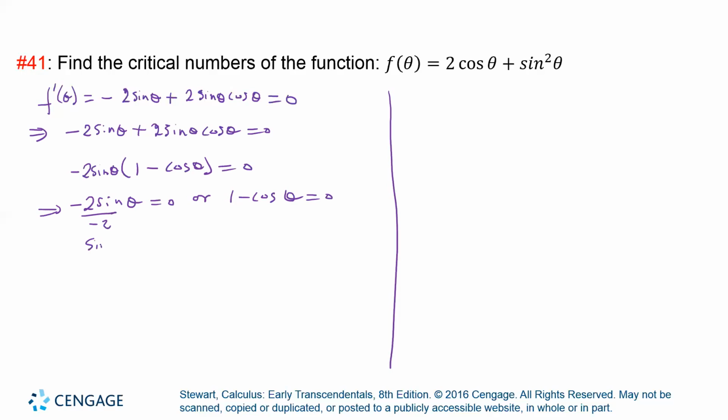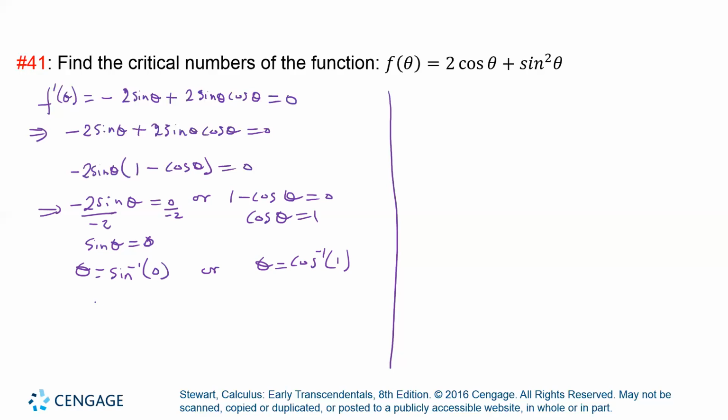You have sine theta equal to 0 over negative 2, and then you have cosine of theta equal to 1. So then the angle is the arc sine of 0, or theta is equal to the arc cosine of 1.